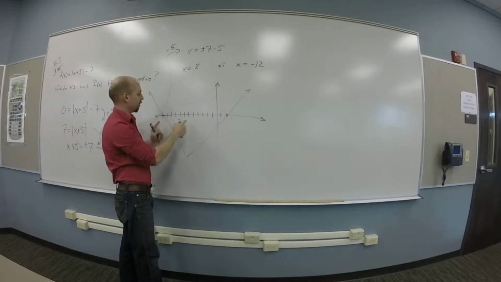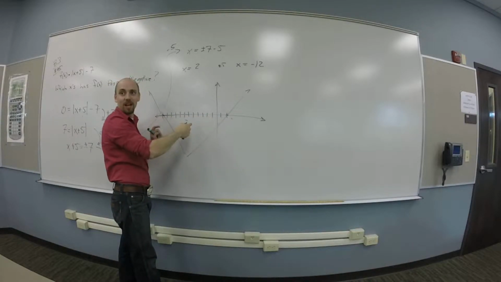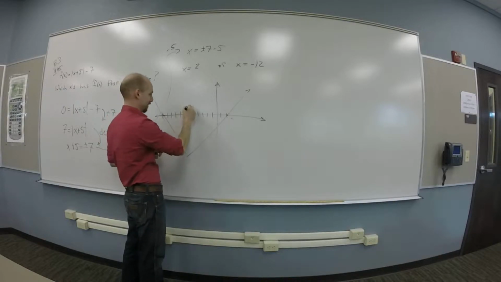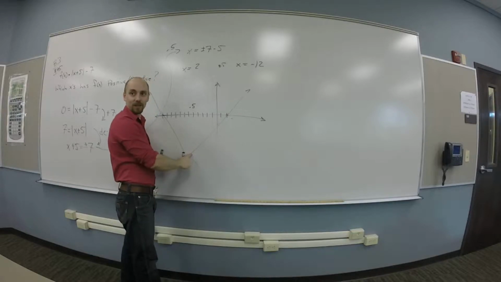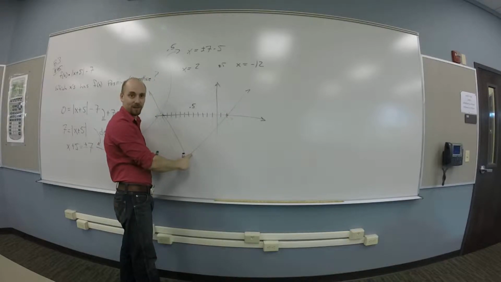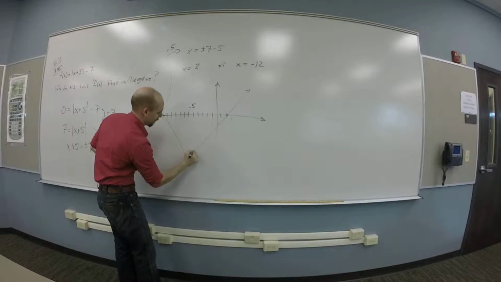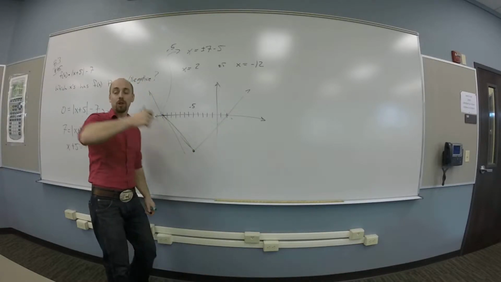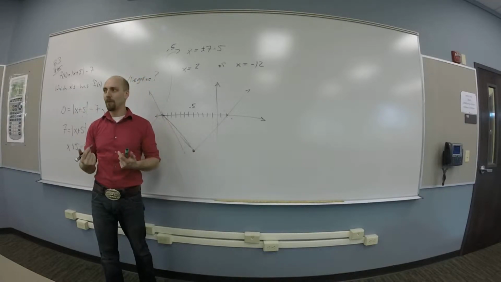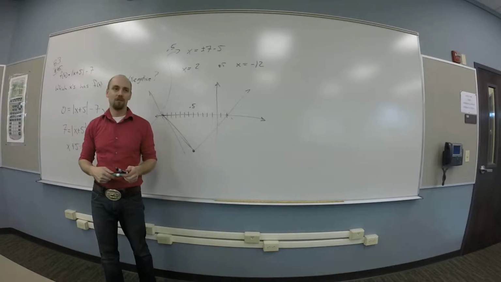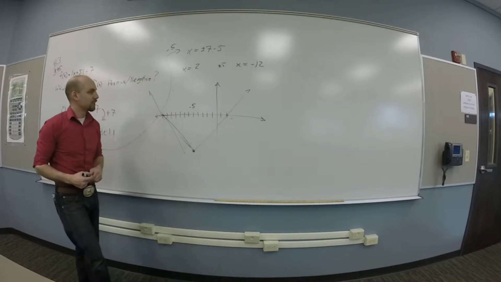So 7 from each side is -5. Oh, and I dorked my vertex because my vertex should be right here. And then I can plug that in to get the output. Well, does any of that matter for positive, negative? No. Okay, so where is it positive and where is it negative?